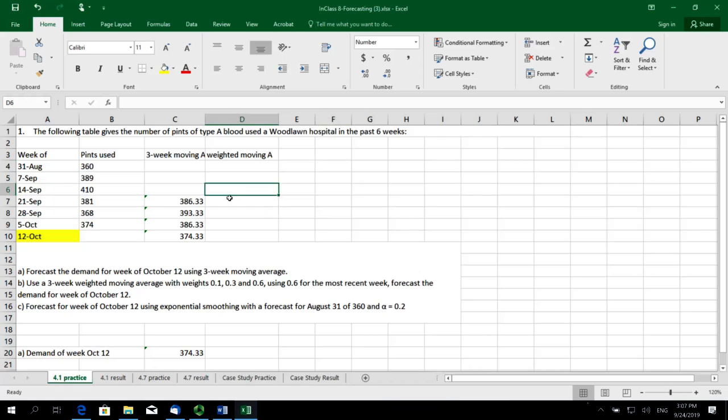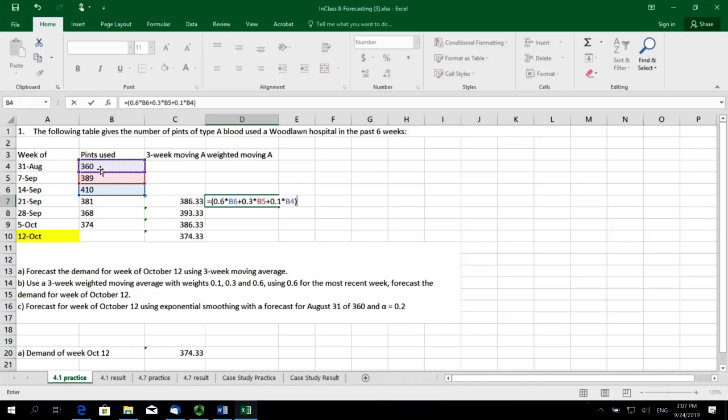So it equals 0.6 times the most recent week plus 0.3 times the second week plus 0.1 times this one, and divide by 0.6 plus 0.3 plus 0.1.